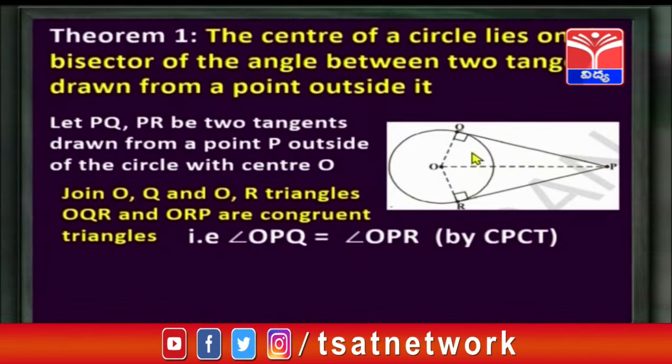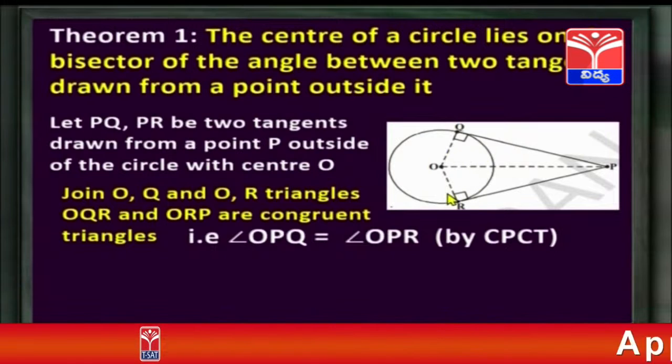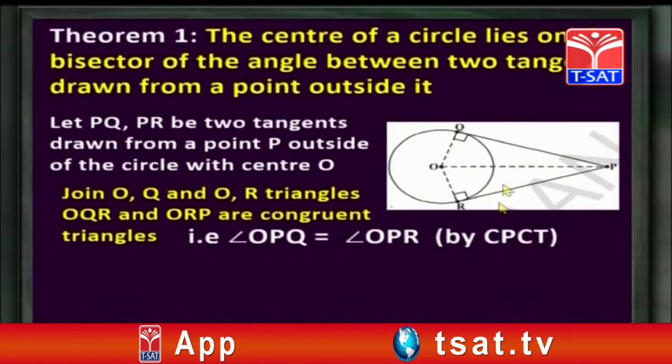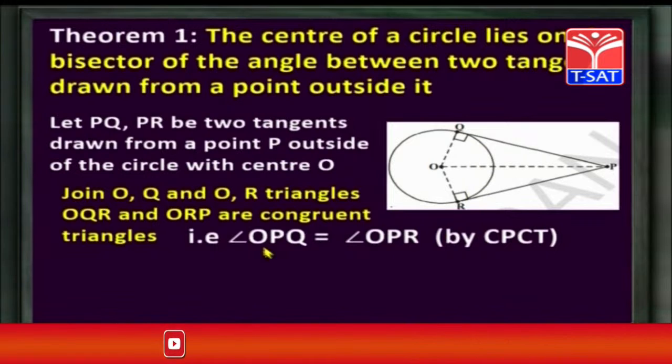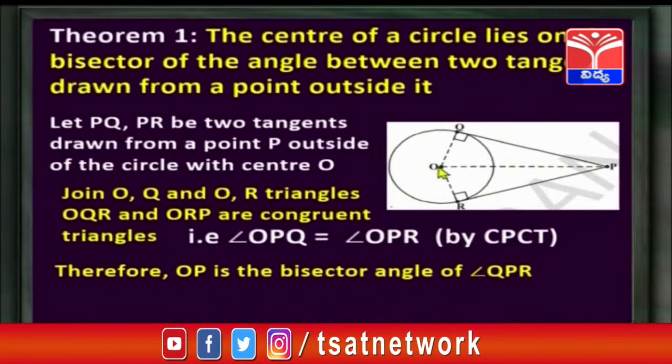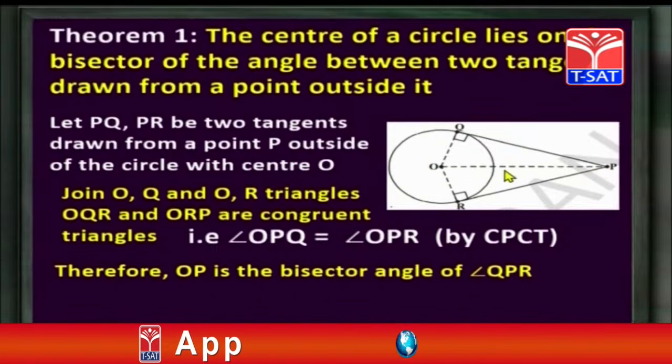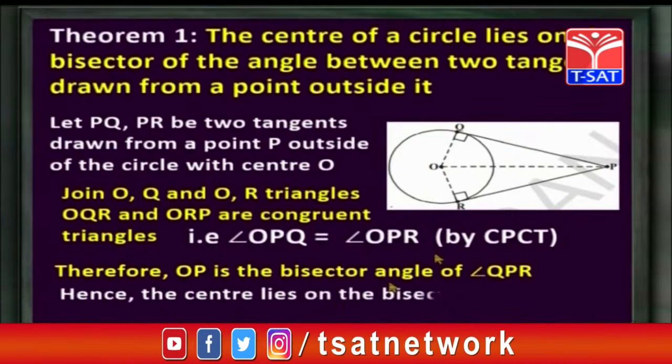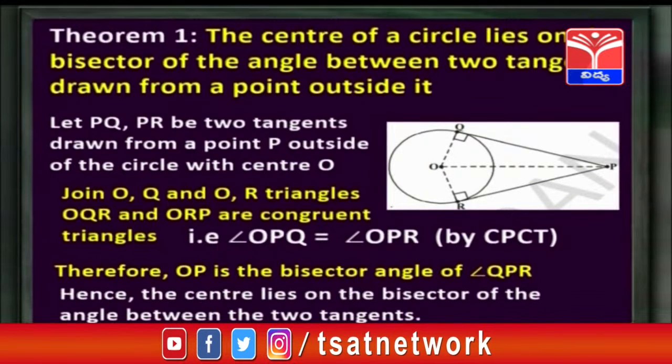So, we can prove that these two triangles are congruent, because OQ and OR are equal radii of the same circle, and OP is common. Then we can say angle OPQ is equal to angle OPR by corresponding parts of congruent triangles. Therefore, OP is the bisector of angle QPR. Hence the center lies on the bisector of the angle between the two tangents.